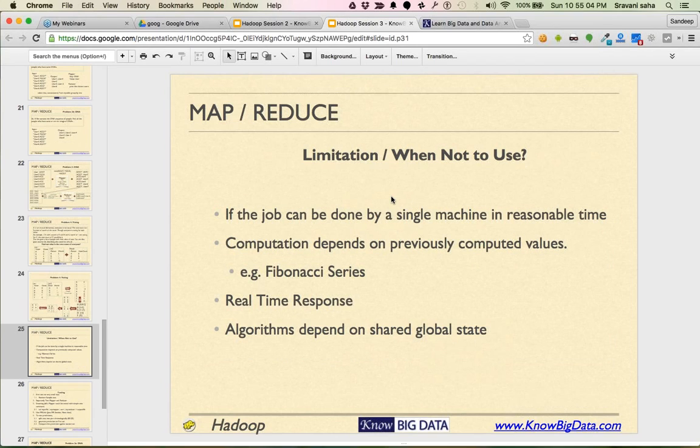If the job is done well by a single machine in reasonable time, there is no point in using MapReduce. MapReduce is inefficient for smaller data. If it can be done on a single machine, get it done on a single machine, using your traditional programming technique. Maybe a good database would be a better choice. If you already have the data and are able to do the normal churning of the data using a normal database, it is good enough.